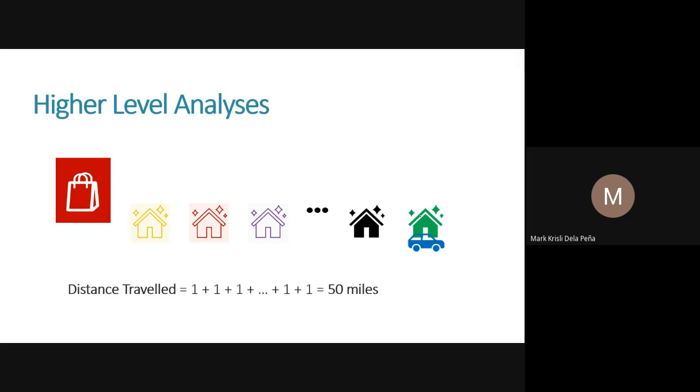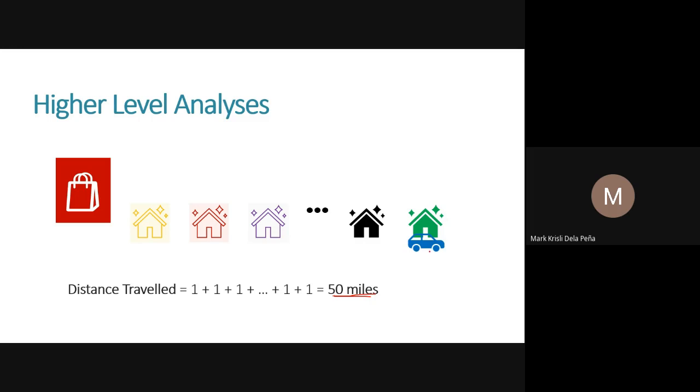That would be 1 mile from the shop, then another mile until you get to the last house. And that's a total of 50 miles. So the driver has traveled 50 miles in order to deliver all of the 50 packages to the 50 houses.